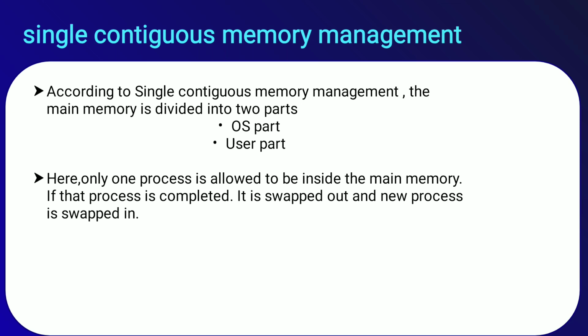So the process residing inside the main memory should, after completion, be swapped out. Then only the new process can be allowed to reside inside the main memory. So swapping out and swapping in are carried out in single contiguous memory management, and they can be explained by the following diagram.